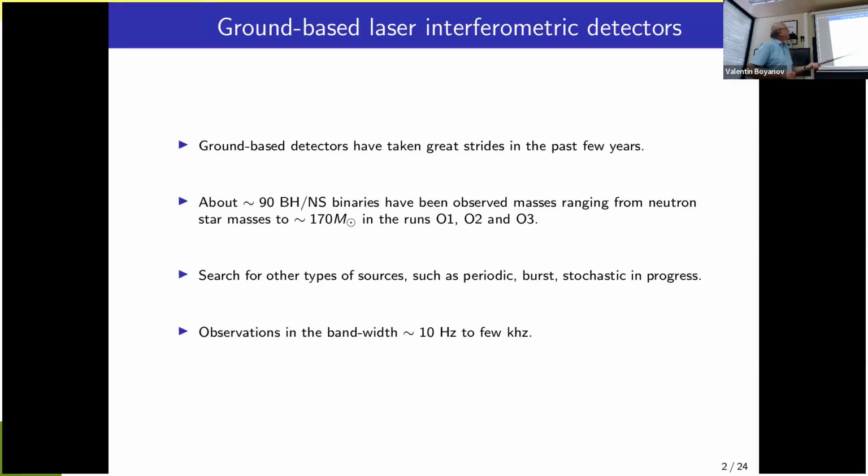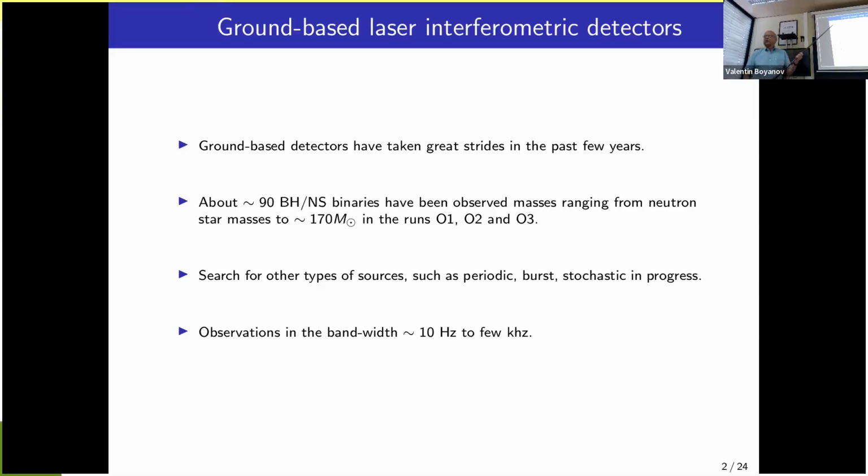So ground-based interferometric detectors are all in operation now. They have taken great strides in the past many years. About 90 black hole and neutron star binaries have been observed, in masses ranging from neutron star masses to almost 170 solar masses, in the runs O1, O2, O3 of the LIGO and Virgo detectors, and also now the Japanese detector, KAGRA, has joined.